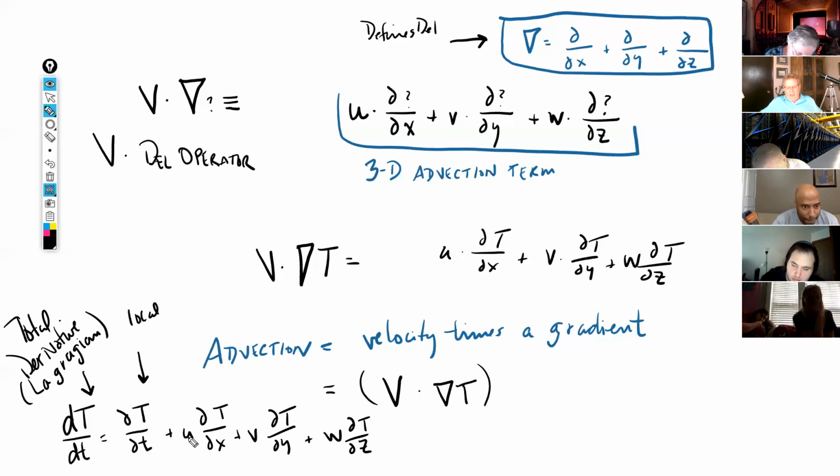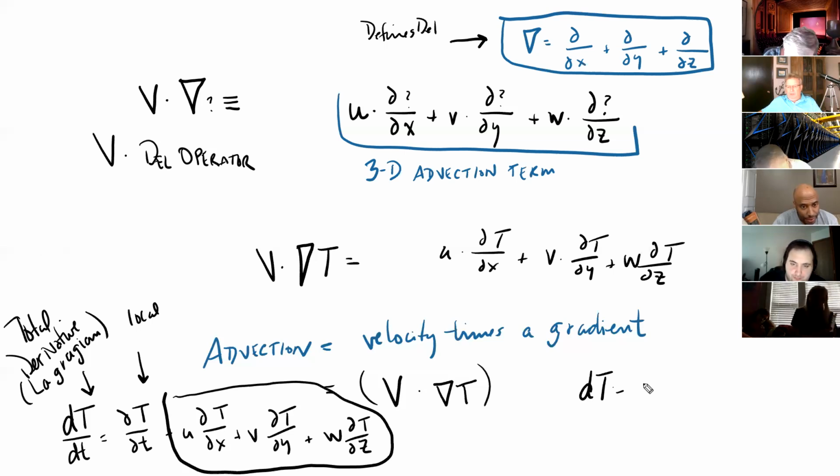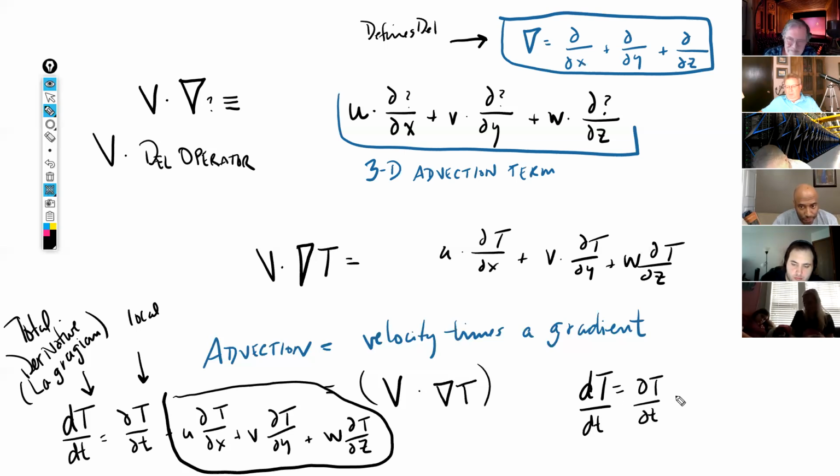And then this last term is the three-dimensional advection term. So the simplicity of this is that the total derivative is equal to the local derivative plus the three-dimensional advection of that term.